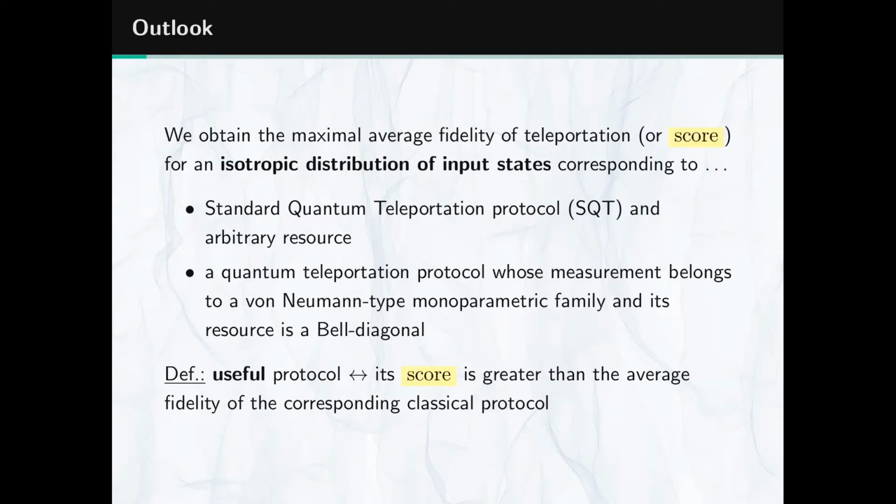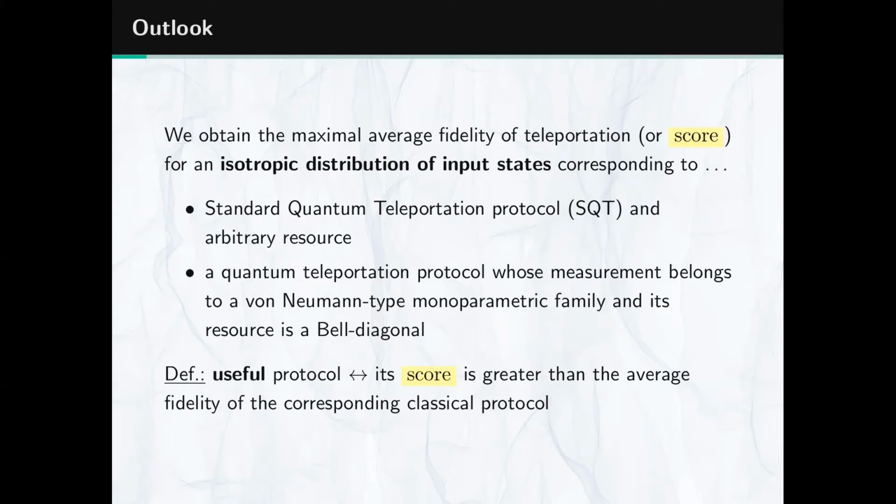In first place, we have standard quantum teleportation and an arbitrary resource. And on the other hand, we have another protocol whose characteristic measurement is something in the middle between the Bell basis and the computational basis.